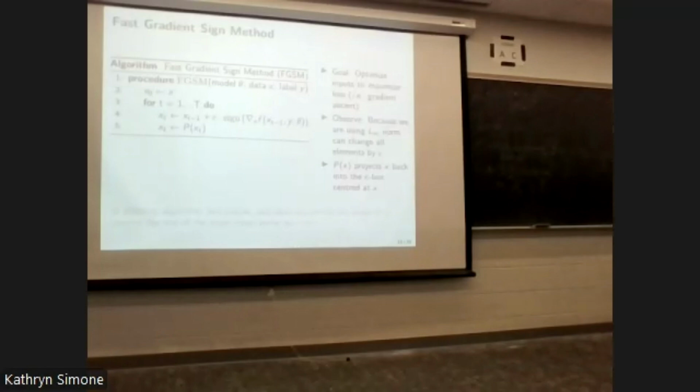And just to be clear, the purpose of this algorithm is to implement a fast algorithm that will find adversarial examples. So let's say we have a data point for the starting point, and we can define an epsilon box.